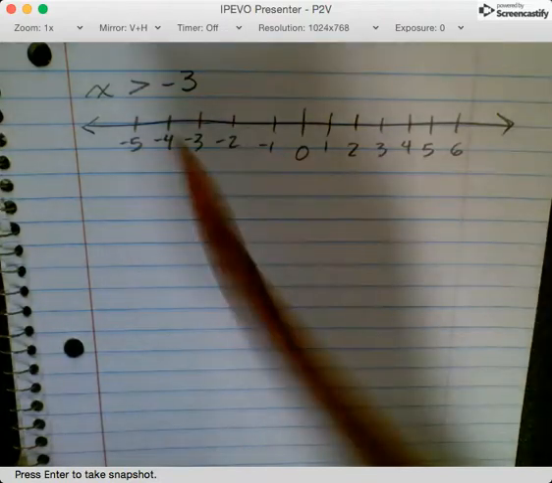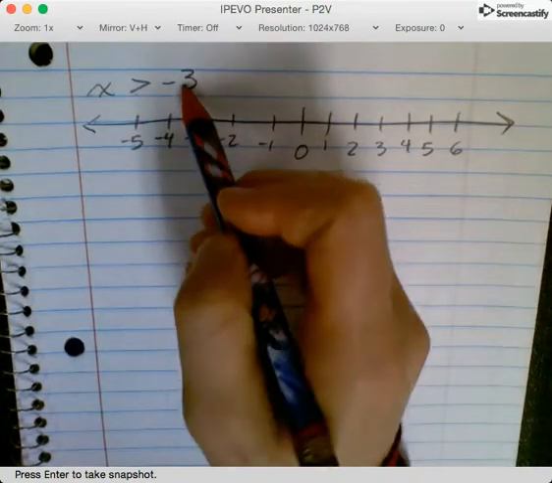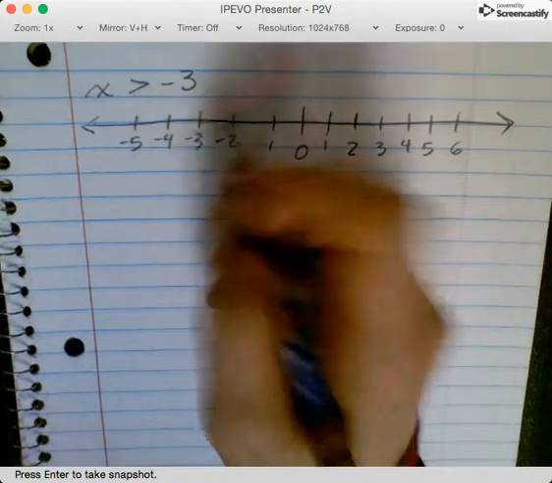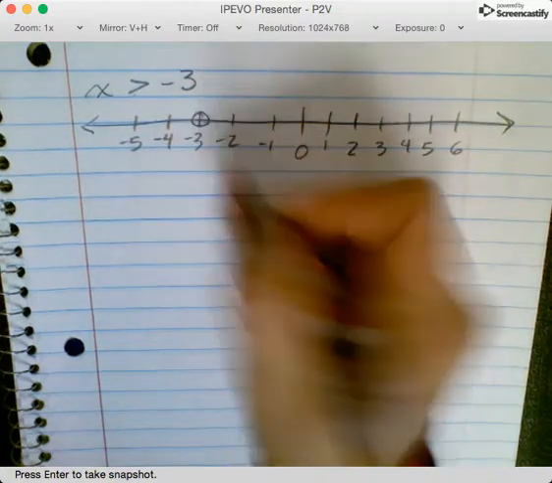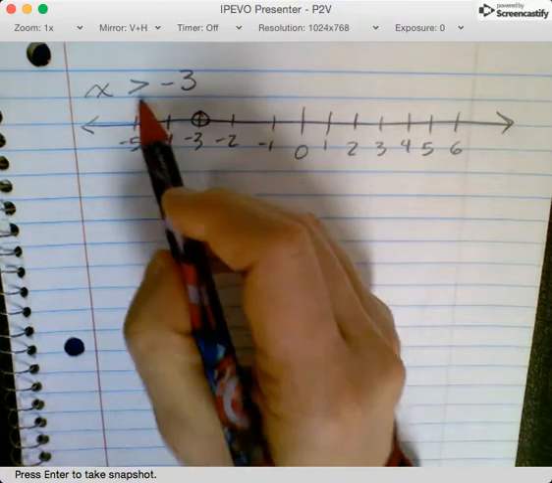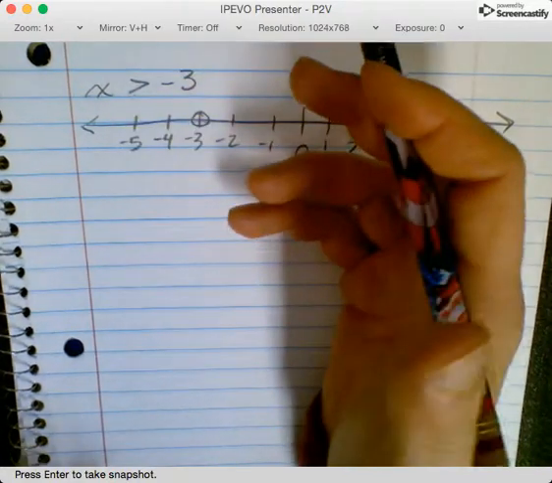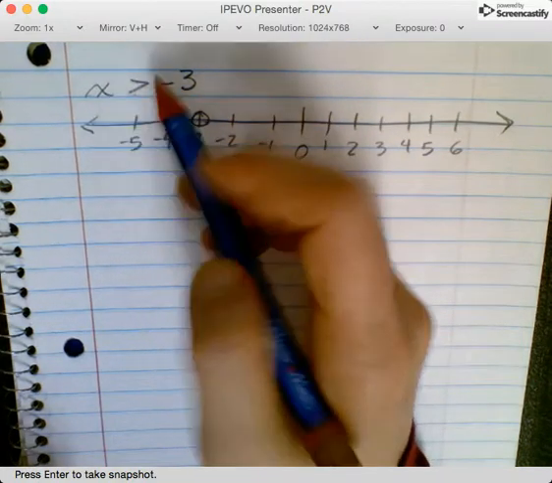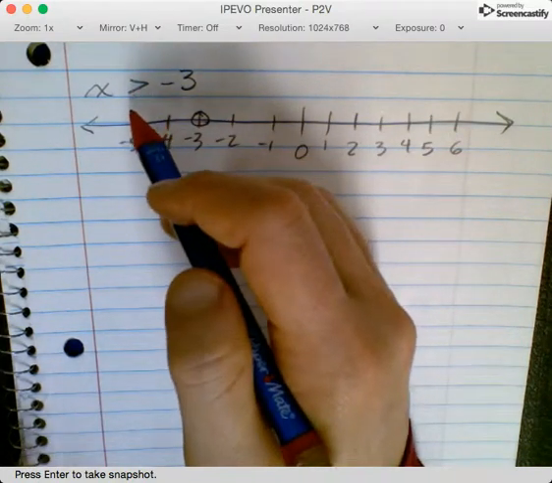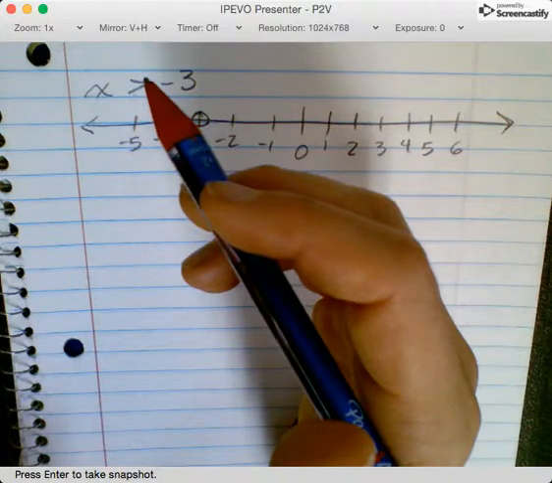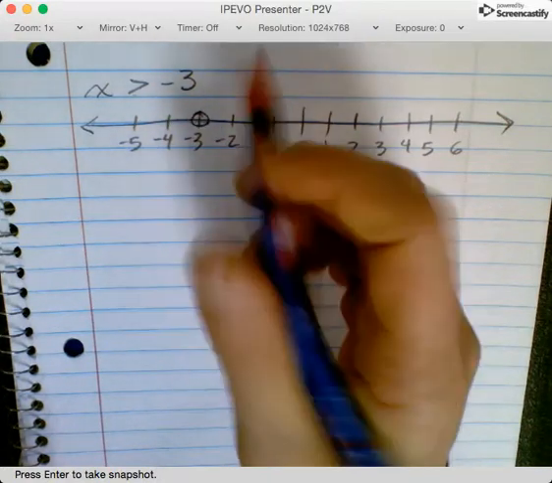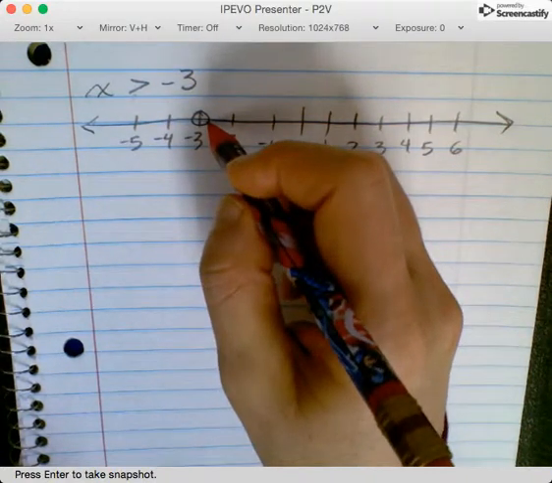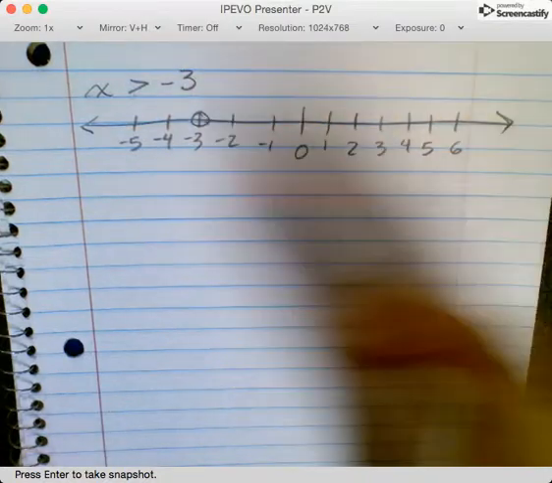So looking at this, we're going to start at -3, and I draw my circle. This is not equal to x. It doesn't have the line under it. It's just x is greater than it. So I'm not going to fill that one in.